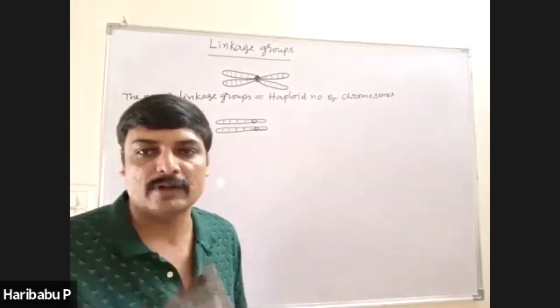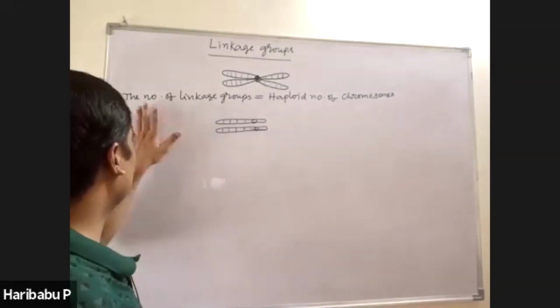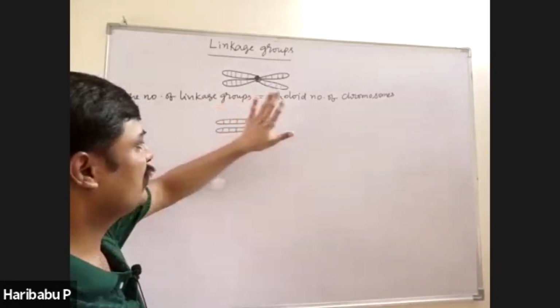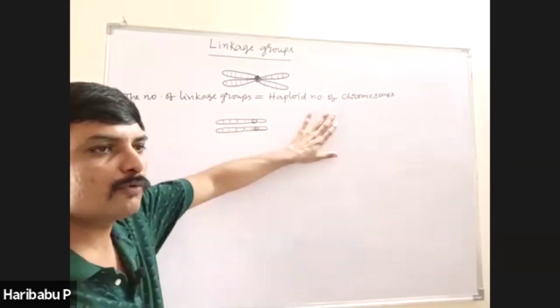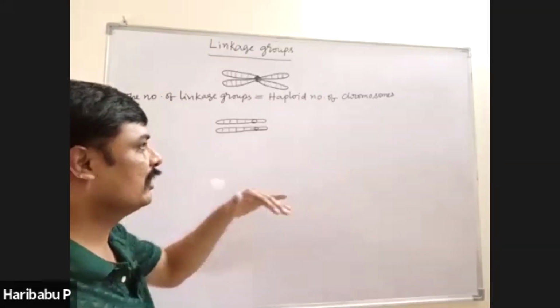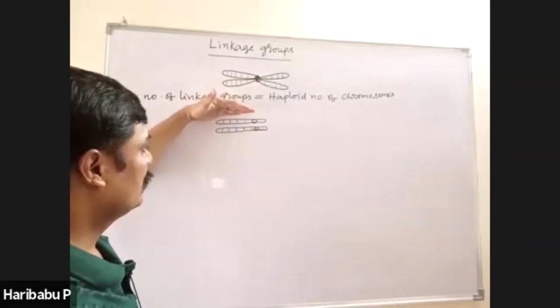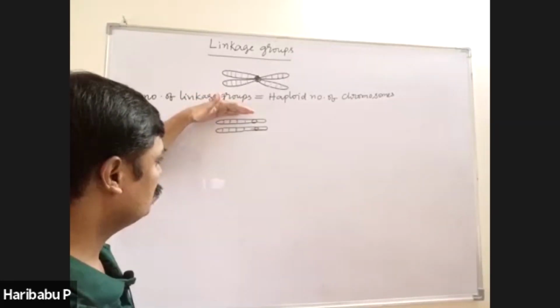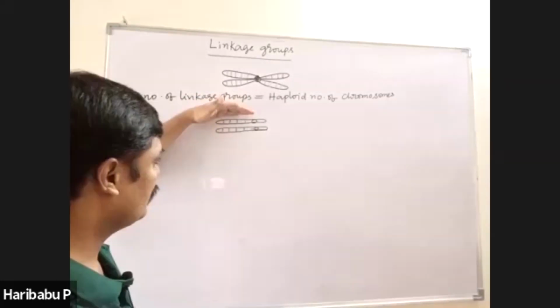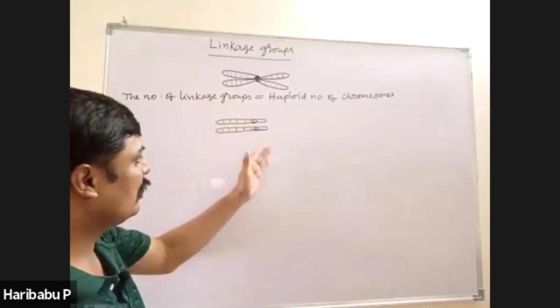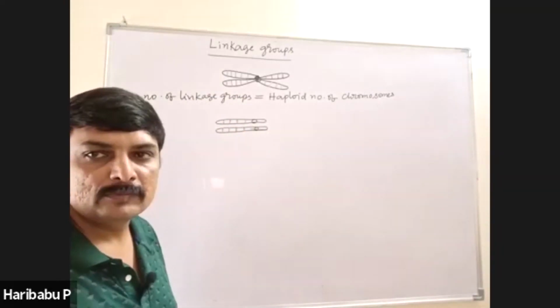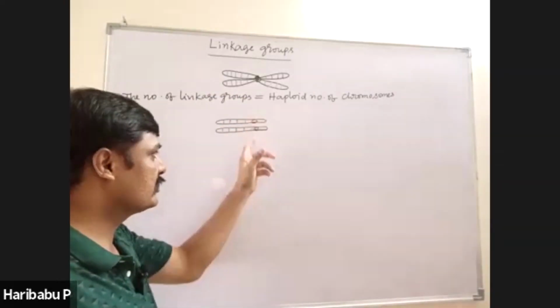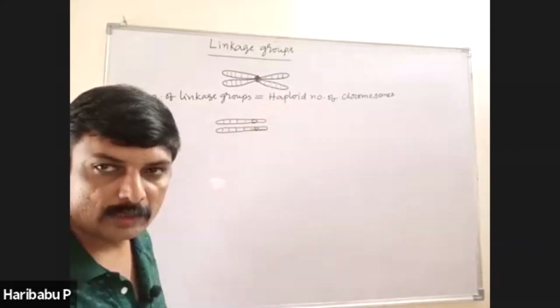That is very important. So the number of linkage groups is equal to its haploid number of chromosomes.